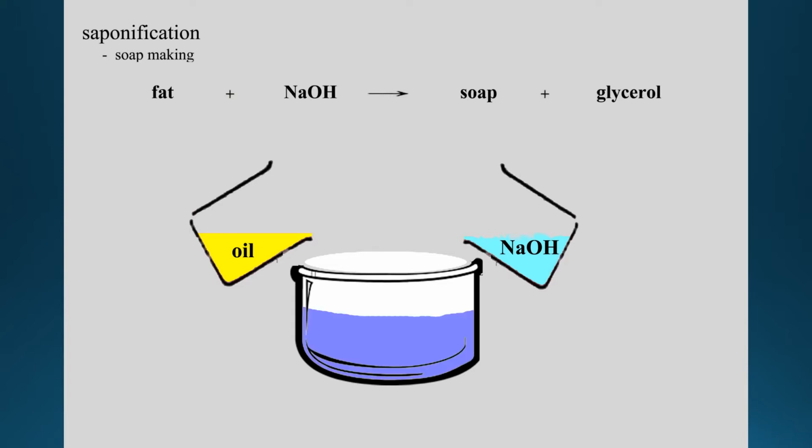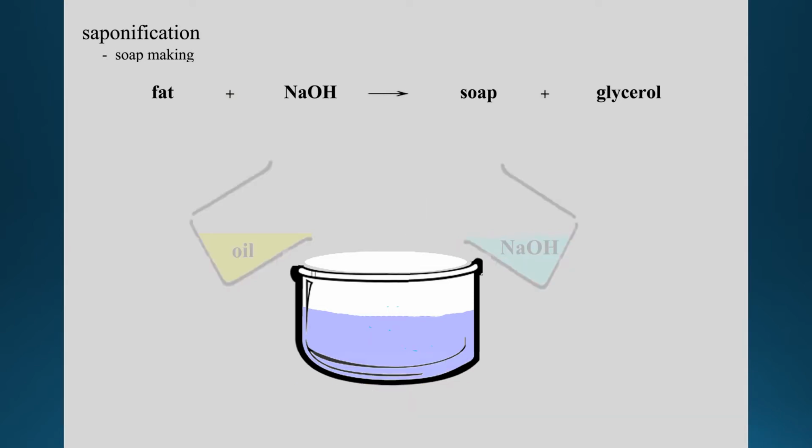You mix it together, you turn up the heat, you stir it slowly under the heat, then slowly they will dissolve in each other and you don't see it anymore. It becomes clear, it becomes mixed.